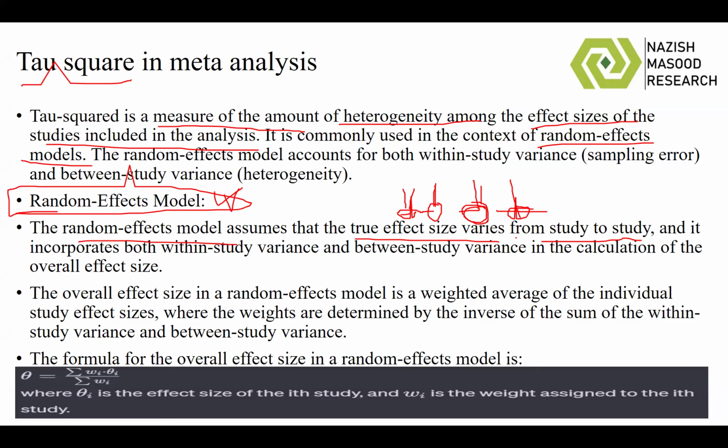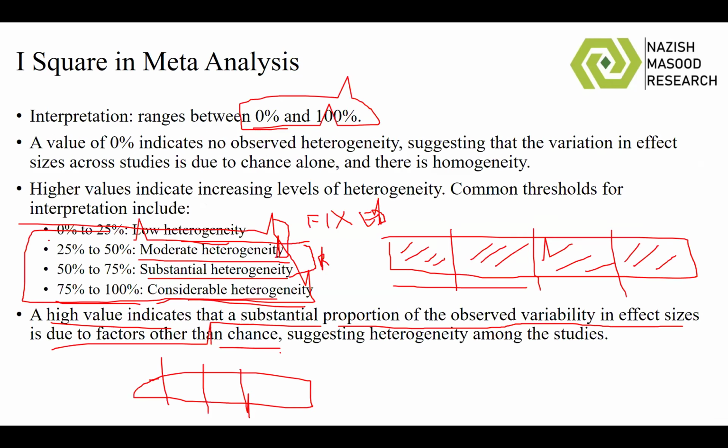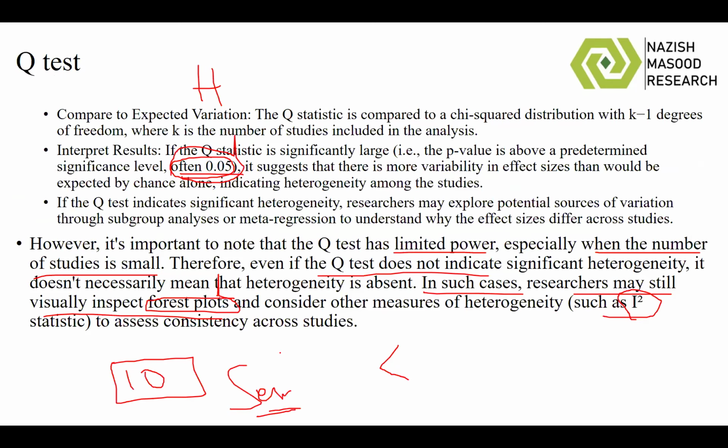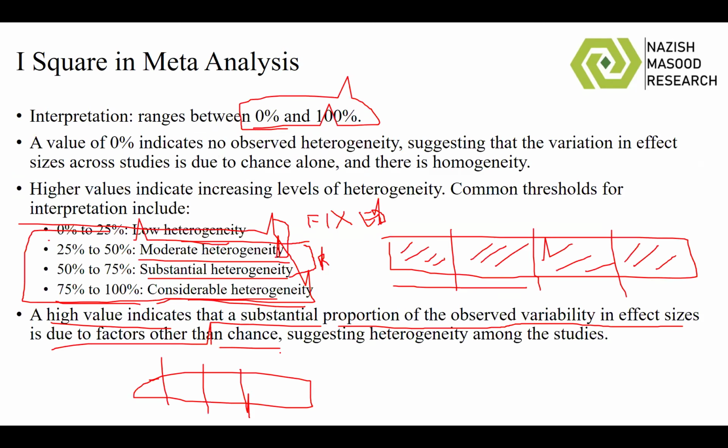In fixed effect model, we assume that all of these are taken from the same type of population. Be it, say, you're looking at kidney patients and so on. Now, the overall effect size in random effect model is the weighted average of the individual effect size, where the weights are determined by the inverse of the sum of the study variance. Like I said before, inverse of variance is taken everywhere.